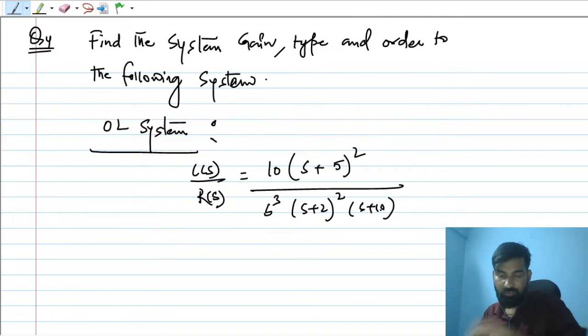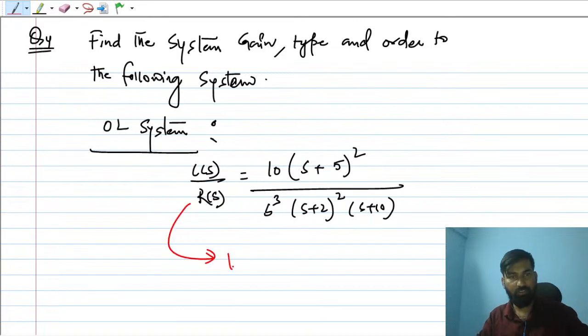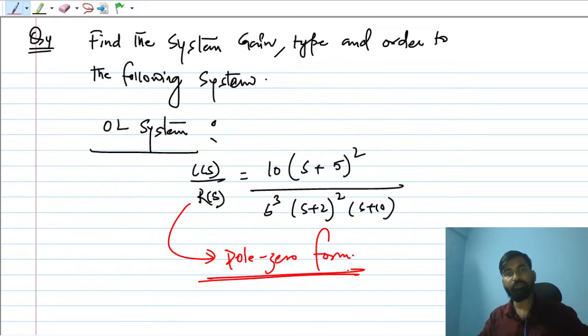This is given in the pole-zero form. How to find poles and zeros? Just equate the numerator to zero to get the zeros, and equate the denominator to zero to get the poles.